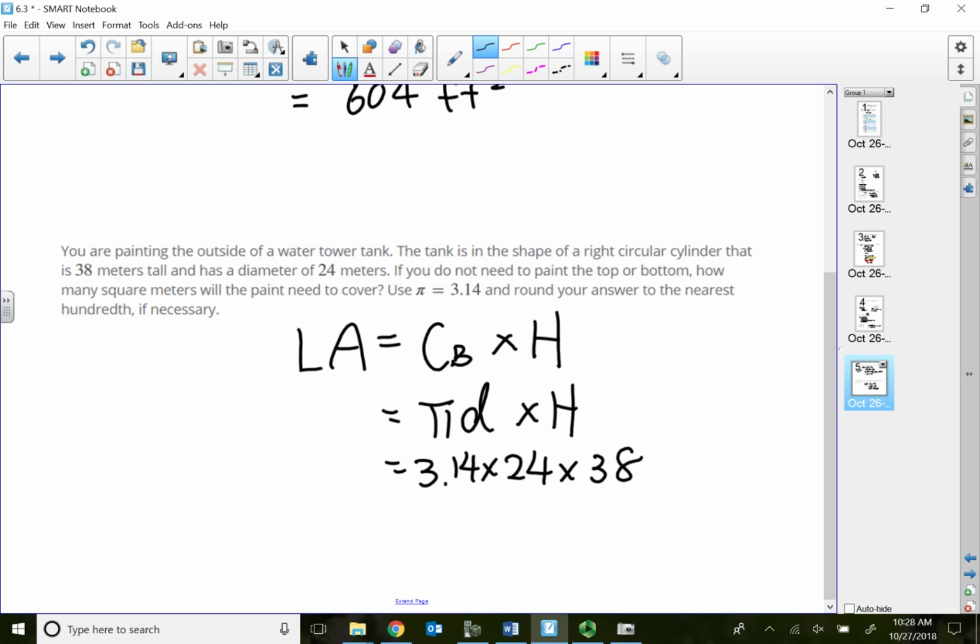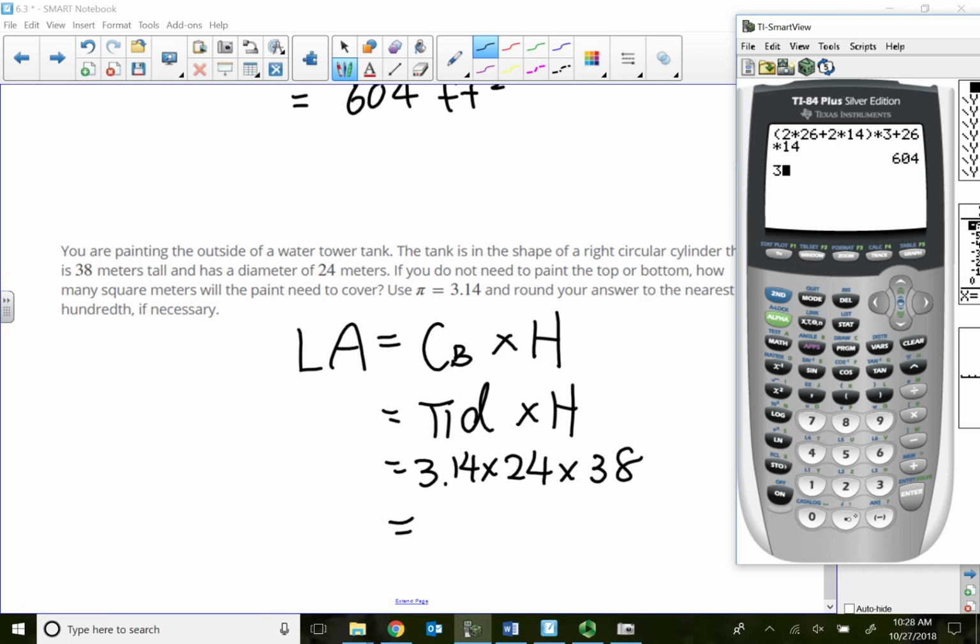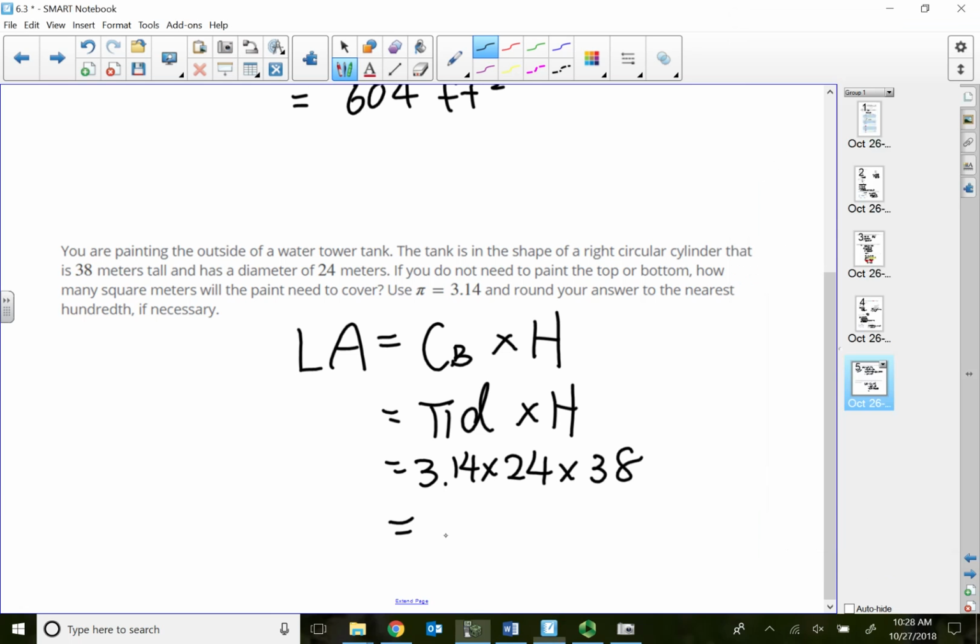All right, so what's my area? I don't have to paint the top or the bottom, so I don't need the area of 2 bases. How many square meters would the paint need to cover? So 3.14 times 24 times 38. So that would be 2863.68 square meters, the area I need to paint.